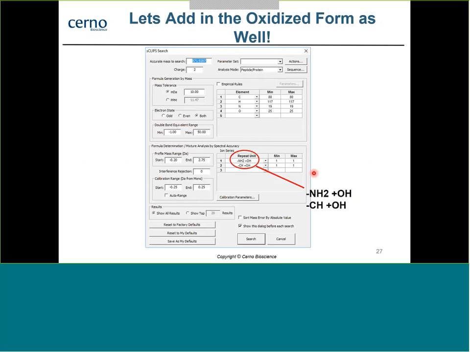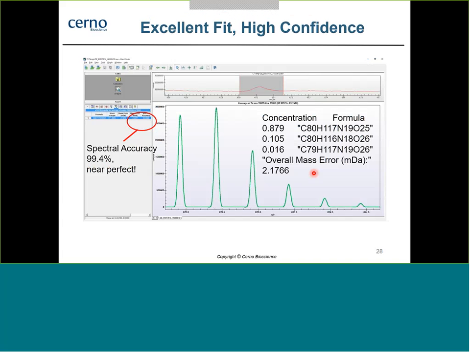And indeed, what we can do is we can tell the software to look for another degradation variant and do the model. So it's going to model the native form, it's going to model the deaminated form, and the oxidated form to do the fit. And lo and behold, what you get is extremely good spectral accuracy. This is a near perfect match, extremely good.